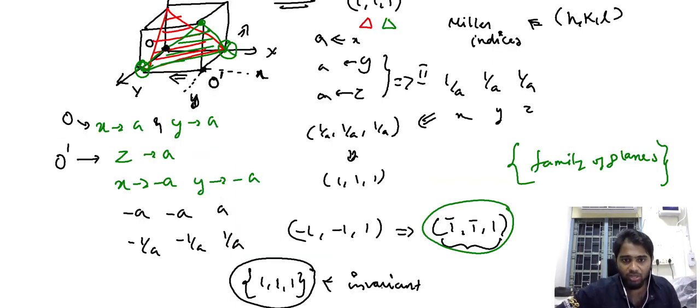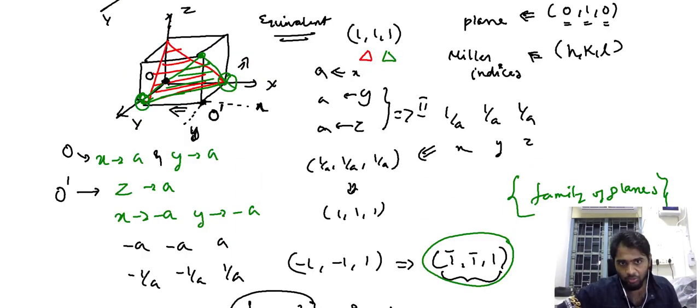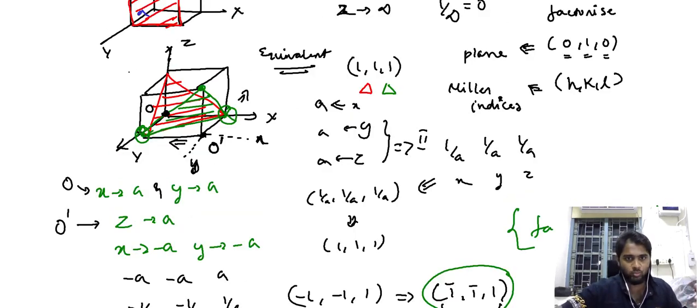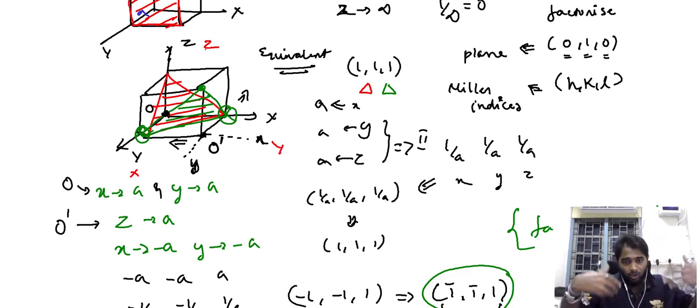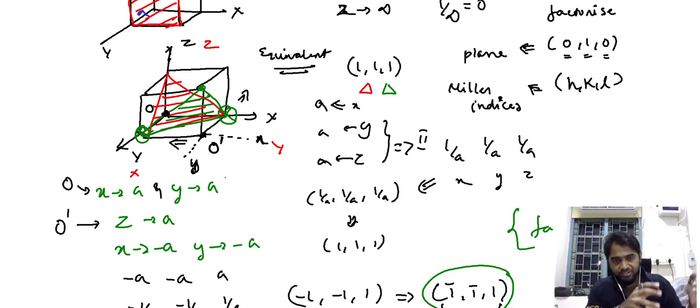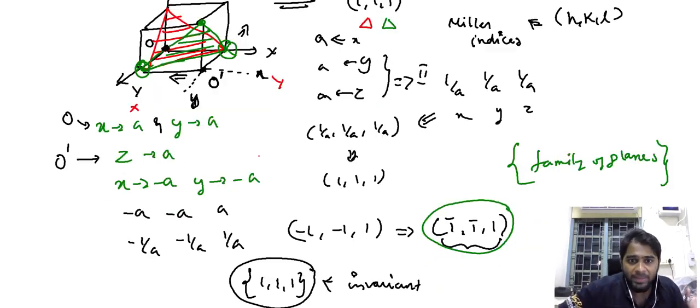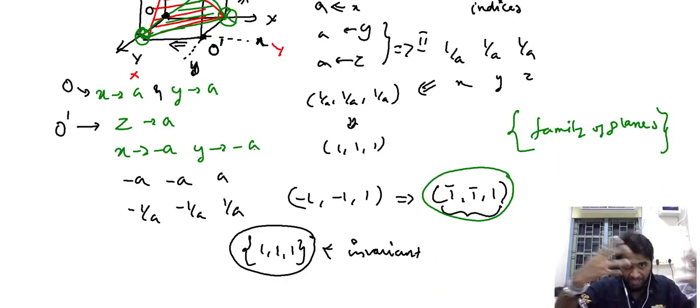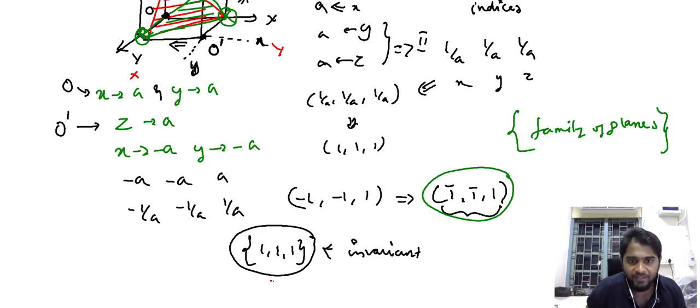However you consider your coordinate system, supposing instead of x, y and z, you consider this to be your x, this to be your y, and this to be your z, or if you consider the other direction to be your positive side of your x and the other direction to be your positive side of your y, whatever combination you consider, the plane that is represented by any combination will fall under the family of planes.